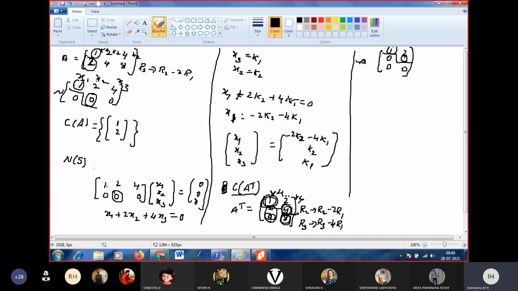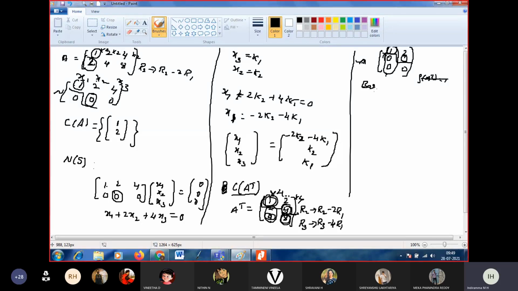So next, this is a basis for the matrix A transpose. Rank of the matrix A transpose is 1. Then, this is a basis: 1 0 0.